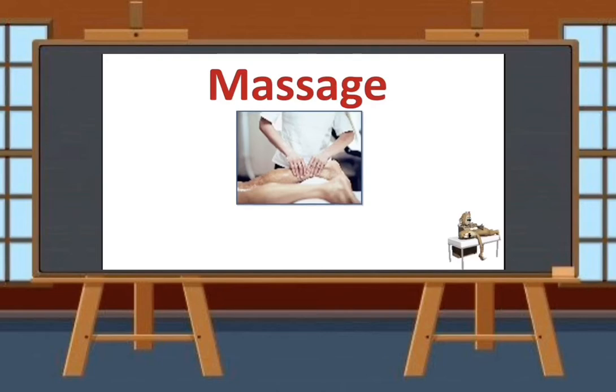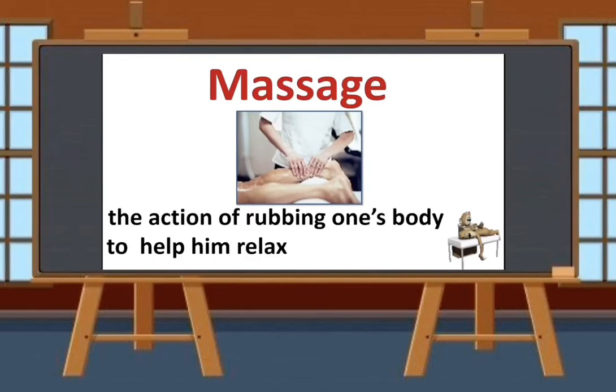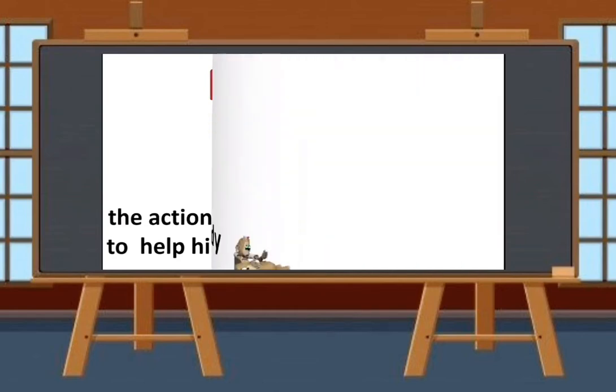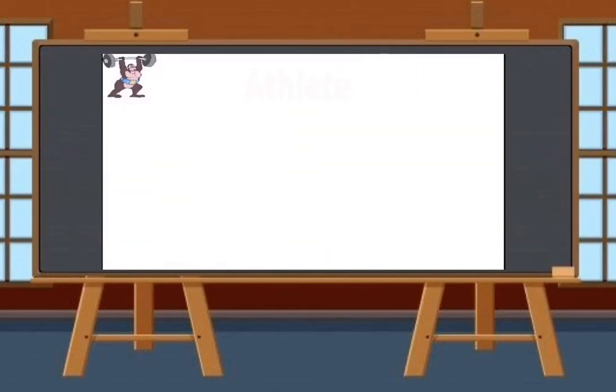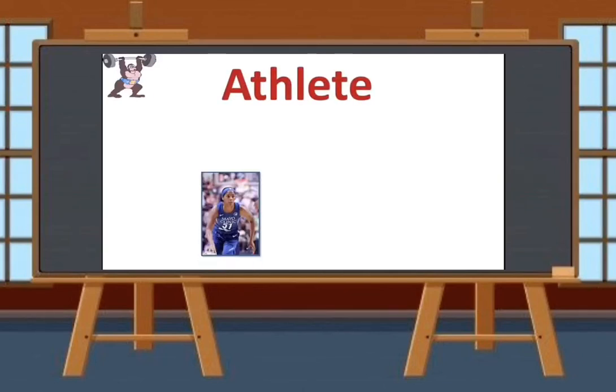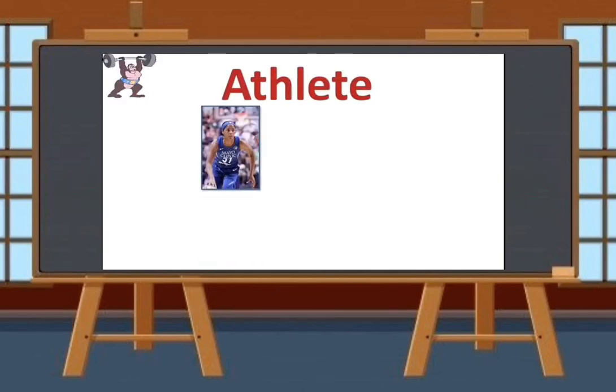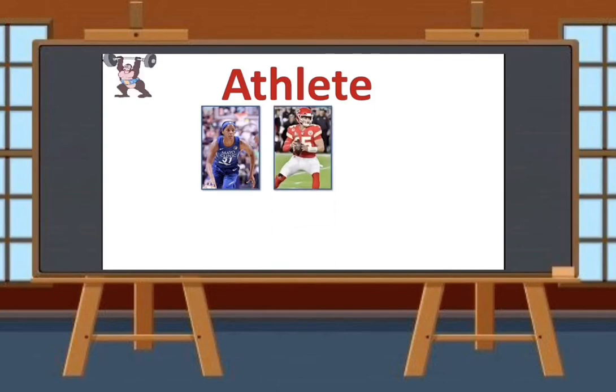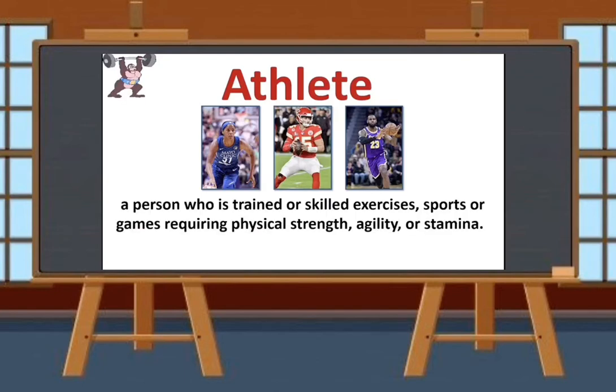Massage is the action of rubbing one's body to help him relax. Next is athlete. Athlete is a person who is proficient in sports and other forms of physical exercise.